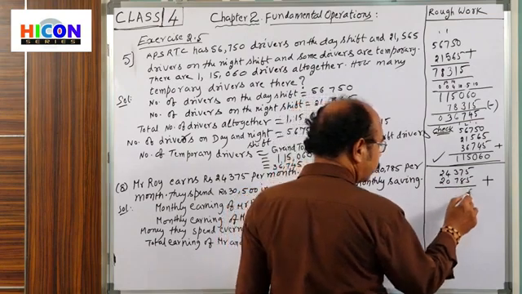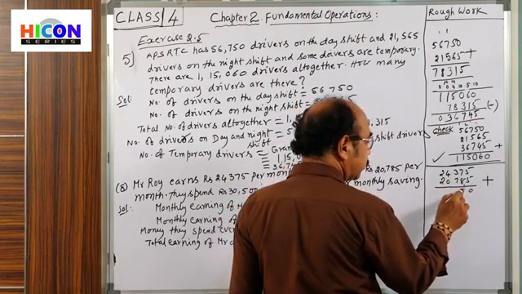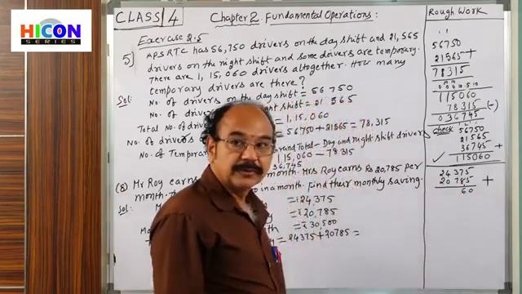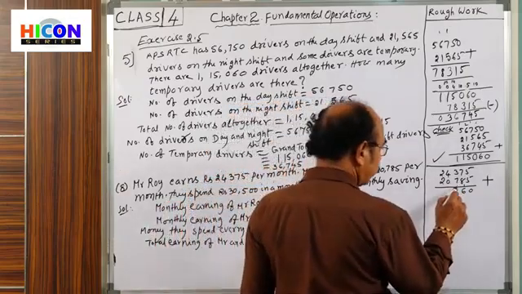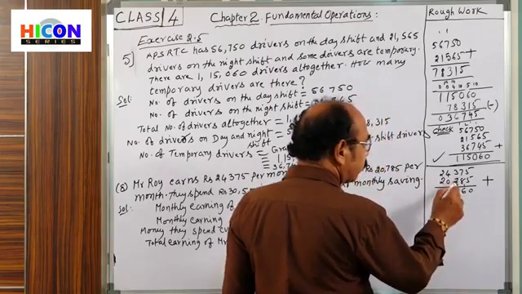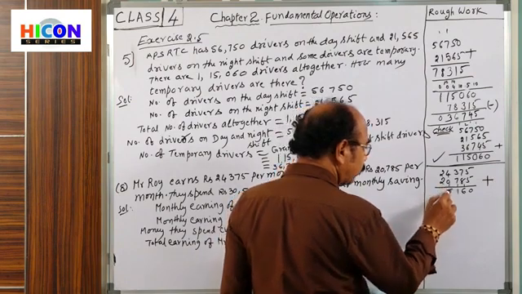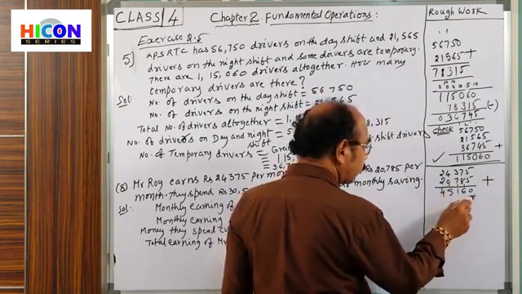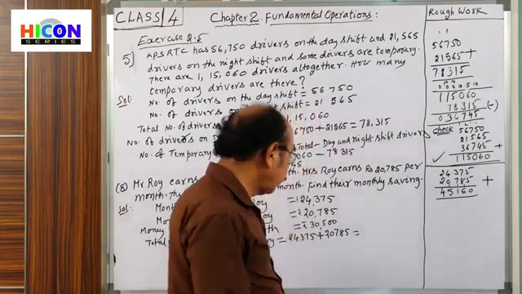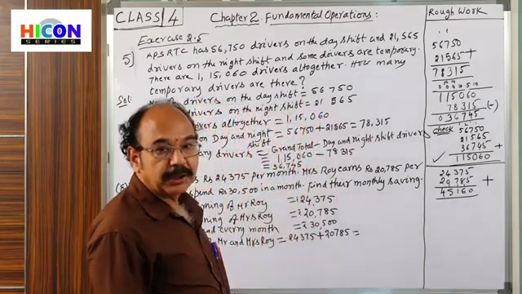5 plus 5, 10, 0 here, 1 carried. 8 plus 9, 9 plus 7, 16, 6, 1 carried here. Okay, children. 7 plus 3, 10 plus 1, 11. Here 1 carried. 4 plus 1, 5. 2 plus 2, 4. That is the total earning of Mr. and Mrs. Roy.